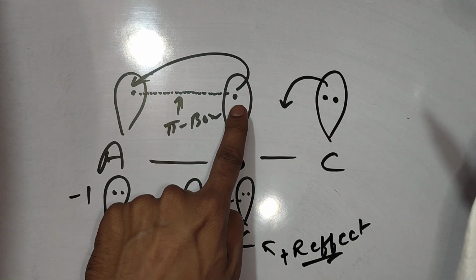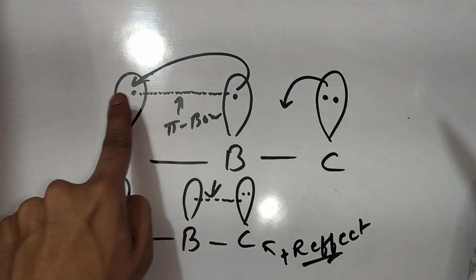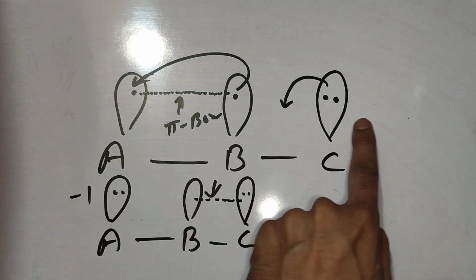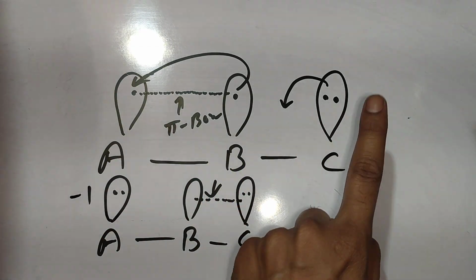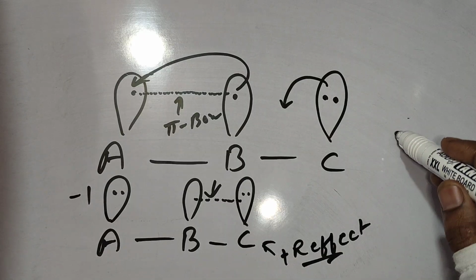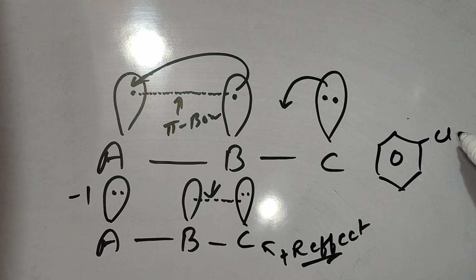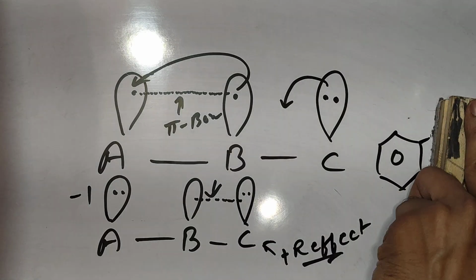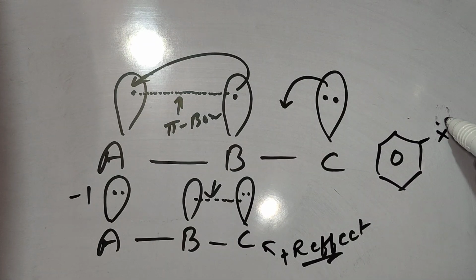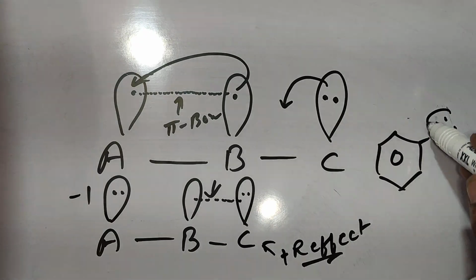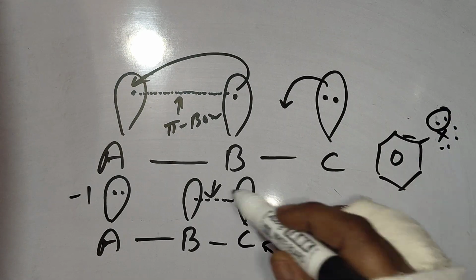Number one, all these orbitals should be parallel to each other. In the benzene ring and this chlorine halogen, X I can write here, these lone pairs are parallel, no problem.